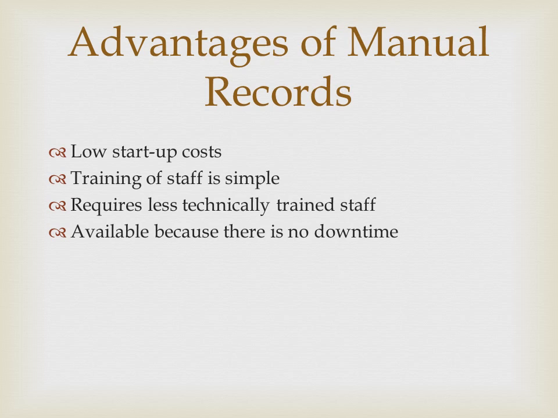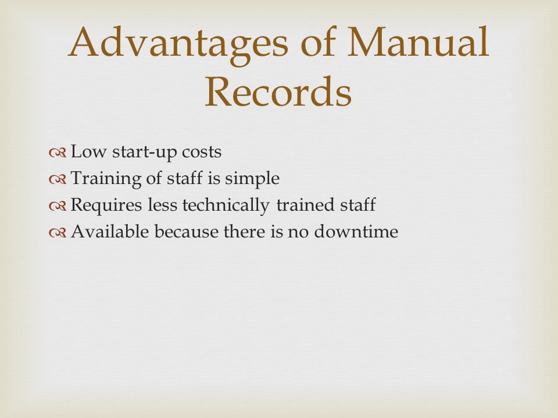So we haven't always been electronic with patient records. There are advantages and disadvantages of having paper records. So what are some advantages of manual records? I have them listed in the slides for you. When you have manual records, you have very low startup costs, because you're not buying any kind of machinery.